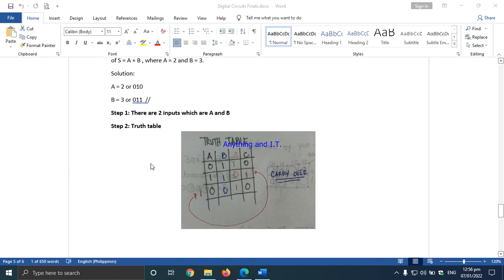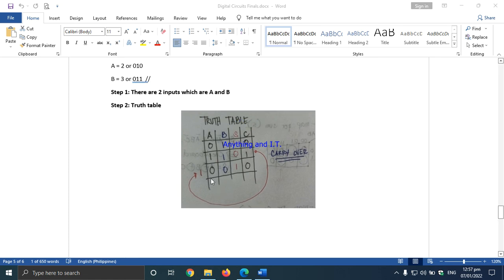Then we are going to proceed with the truth table. So imamap out lang natin. So we have 2 inputs, A and B, 2 outputs, sum and carry over. So if you notice, yung value ni A, input A, 010. So sinulat ko lang siya, 010. And the value of B is 011.